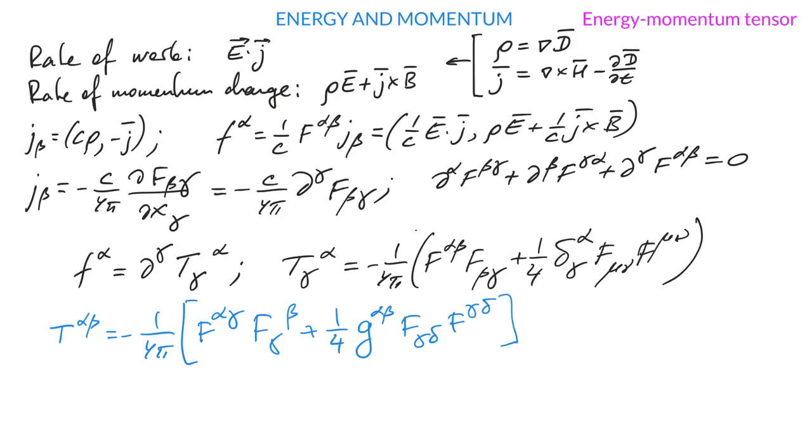So this tensor is symmetric, as it's easy to check. And this is called the energy momentum tensor of the electromagnetic field. Energy momentum tensor.